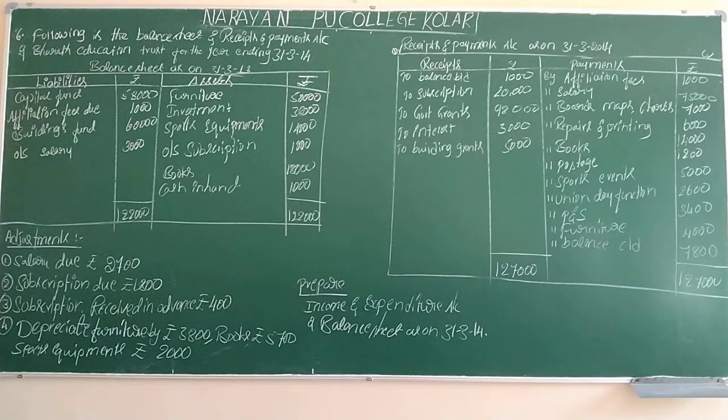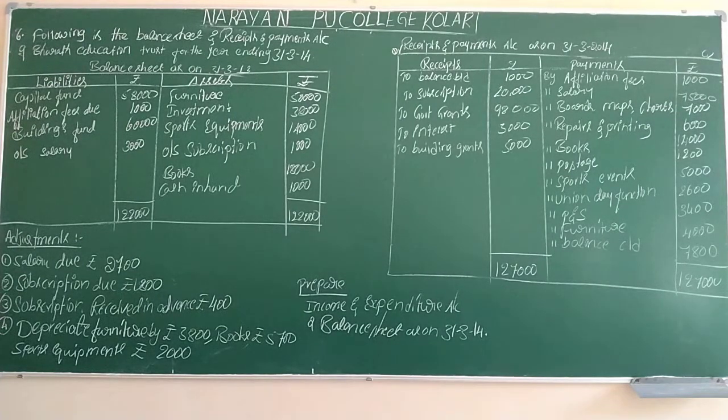Balance sheet: capital fund, affiliation fees due, buildings fund, outstanding salary, and assets: furniture, investment, sports equipment, outstanding subscription, books, cash in hand.